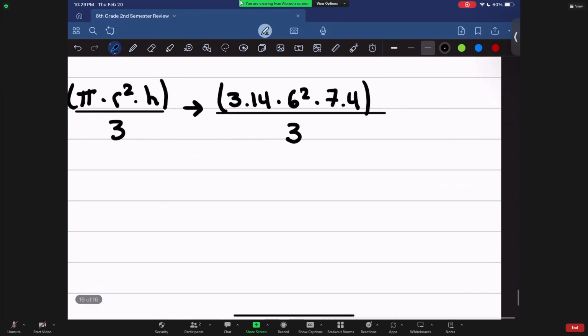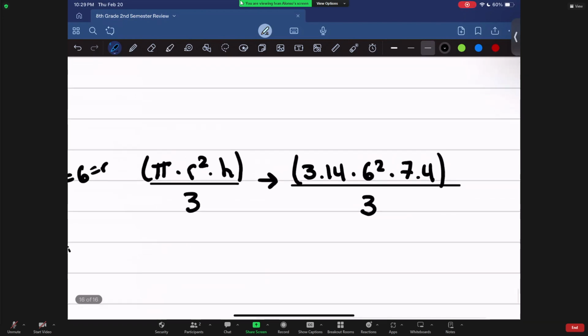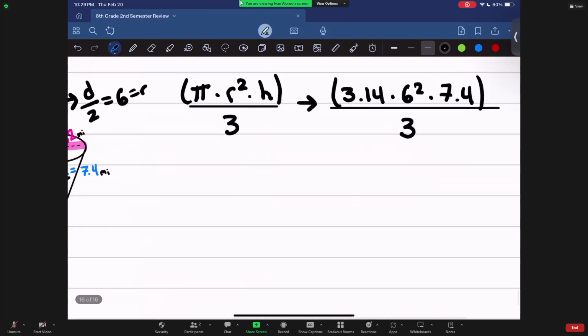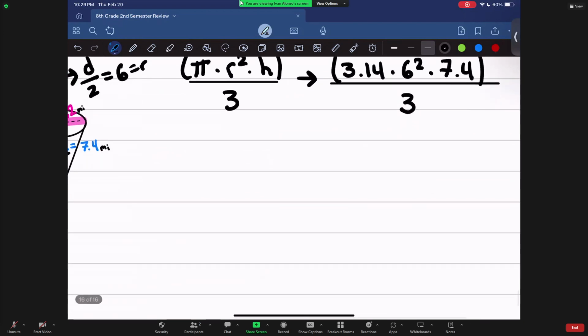Now, what I mean by keeping it neat is I'm out of space here. For some reason, some of you guys move up the paper. I would not advise for that because your work becomes all over the place. Especially because if you know your answer is wrong at the very end, you want to know where you went wrong. So I'm going to take this one, right? 6 squared is 36. We've seen it plenty of times.